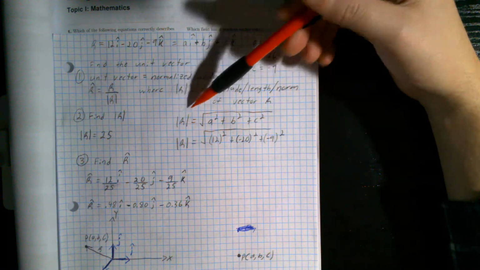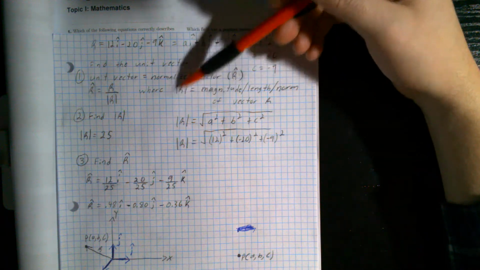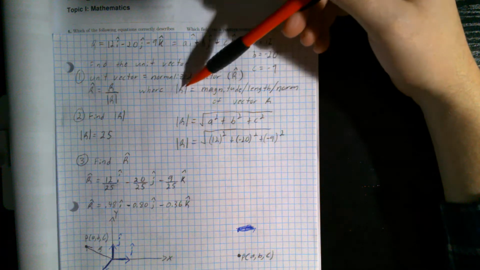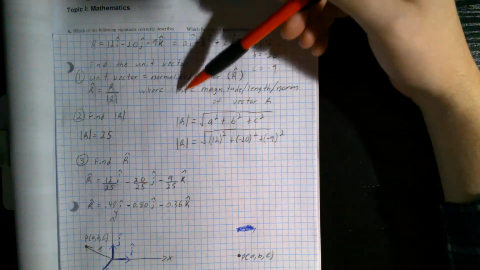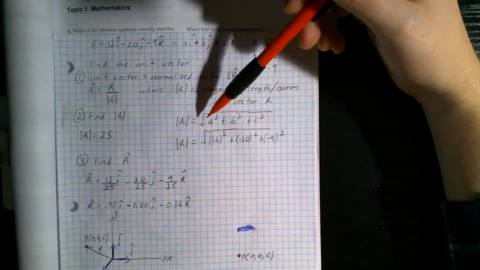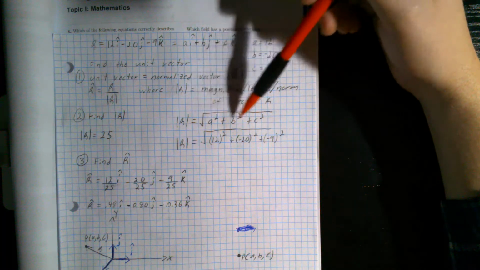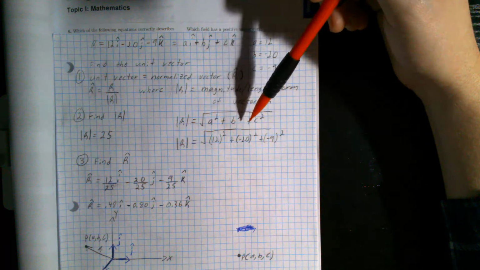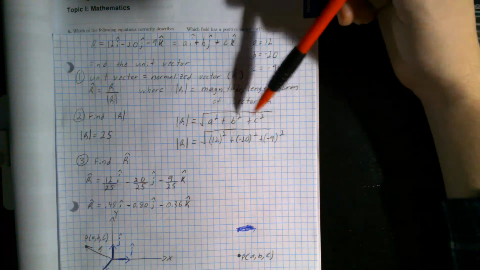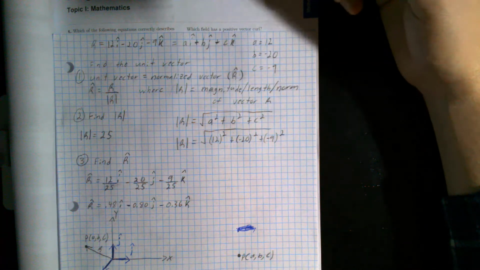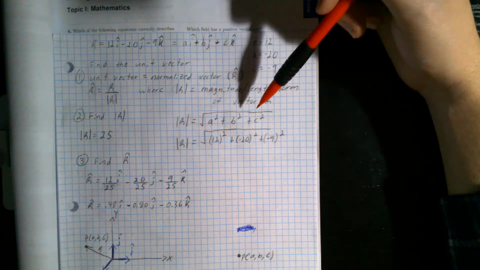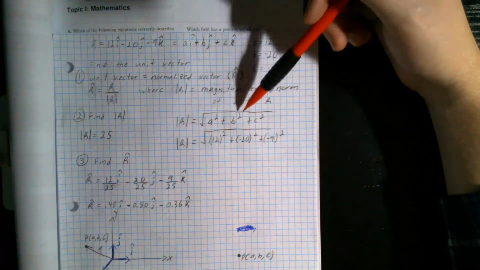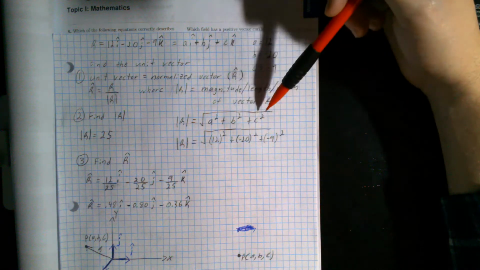So the magnitude is symbolized with these bars around them here. It's basically the square root of the sum of the squares of the scalars of the vector. Kind of a mouthful, but that's just how it's described here.